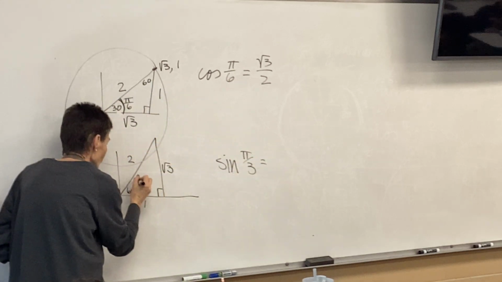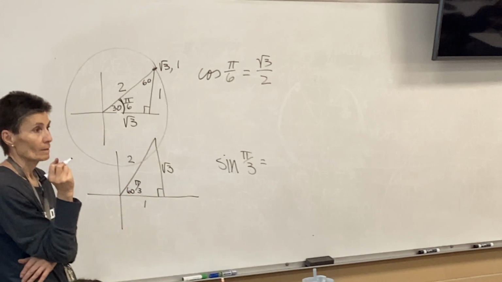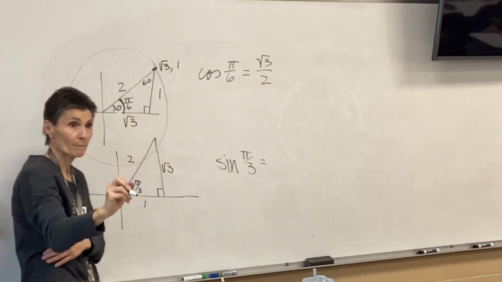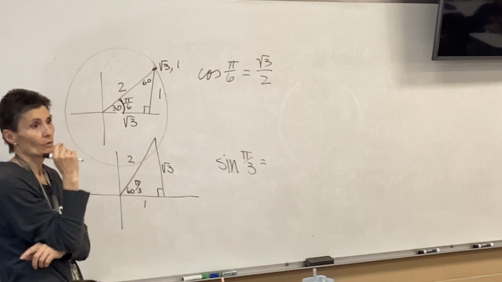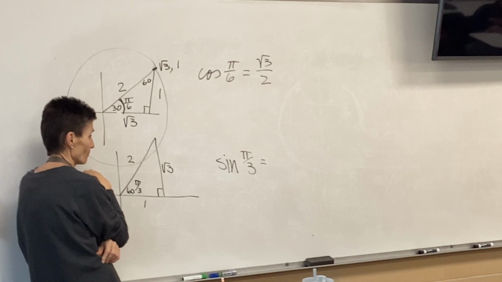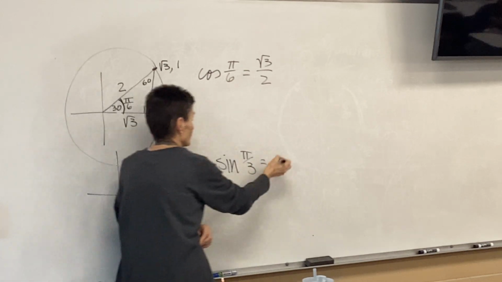Now, pi over 3 is 60. Pi over 3, 2 pi over 3, 4 pi over 3, 5 pi over 3. Those are your 60s in your unit circle. Well, what would the sine of pi over 3 be? Root 3 over 2?